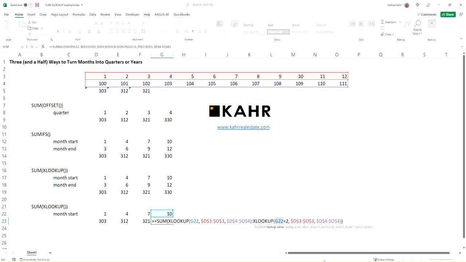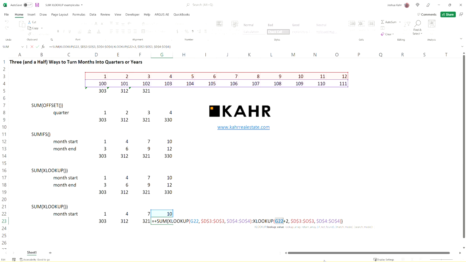And what I also like about it is, you don't have to put the ending month. You could just do, like on line 22, where I just say 1, 4, 7, 10. I'm not doing 1 to 3, 4 to 6, 7 to 9. I'm just doing 1, 4, 7, 10. So for those of you who ever needed to turn a series of months into, say, quarters, you could just say, what month am I starting in?